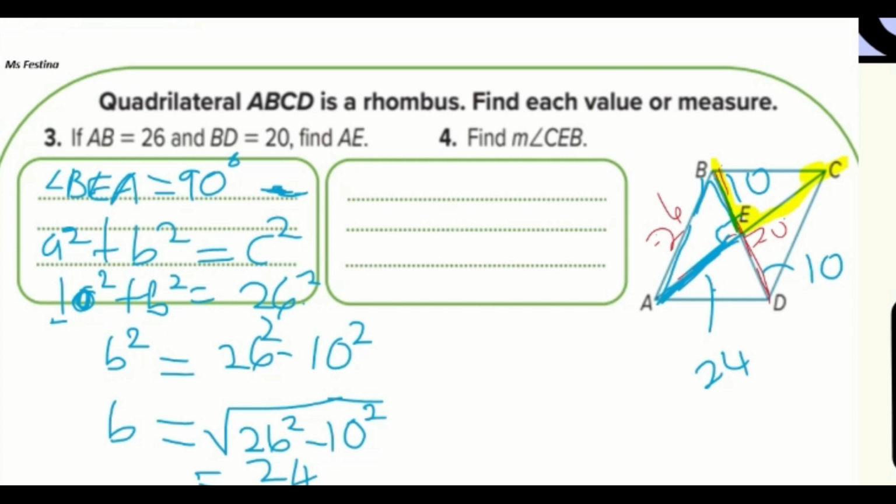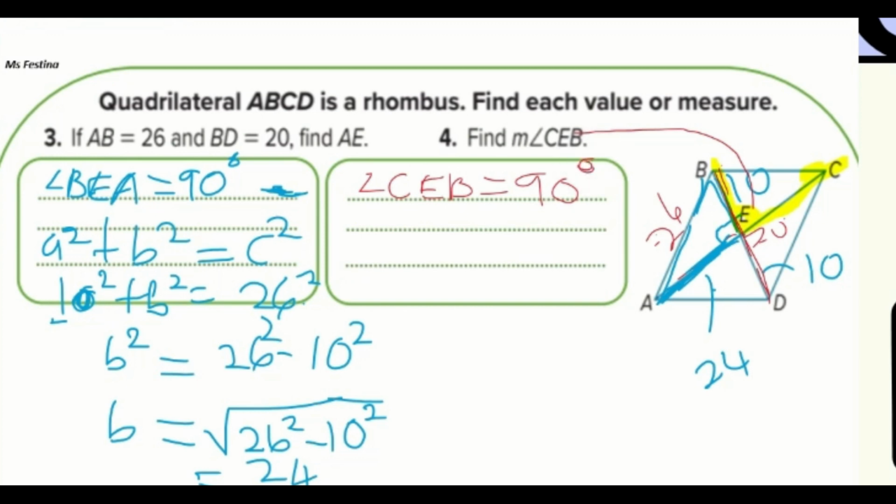So we are looking for this angle here. This angle will also be equal to 90 degrees. So we're going to say angle CEB equals 90 degrees.